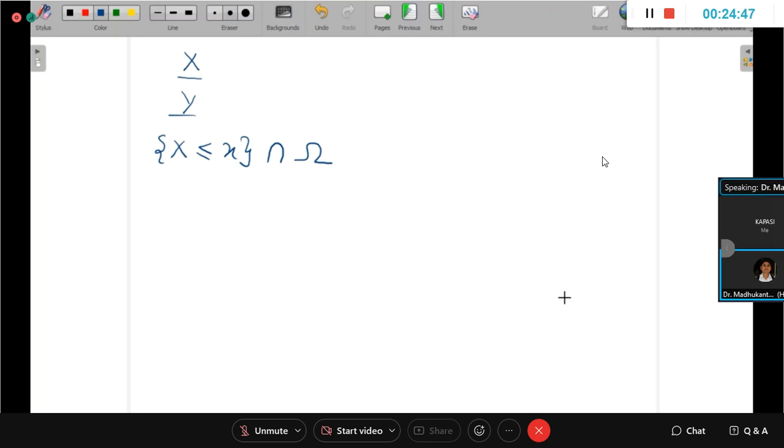I'm again going to use the same concept which we used in the total probability case and Bayes theorem. So this set, x less than or equal to x, I'm writing as its intersection with omega, which I'm writing as a union over j of y less than or equal to yj.